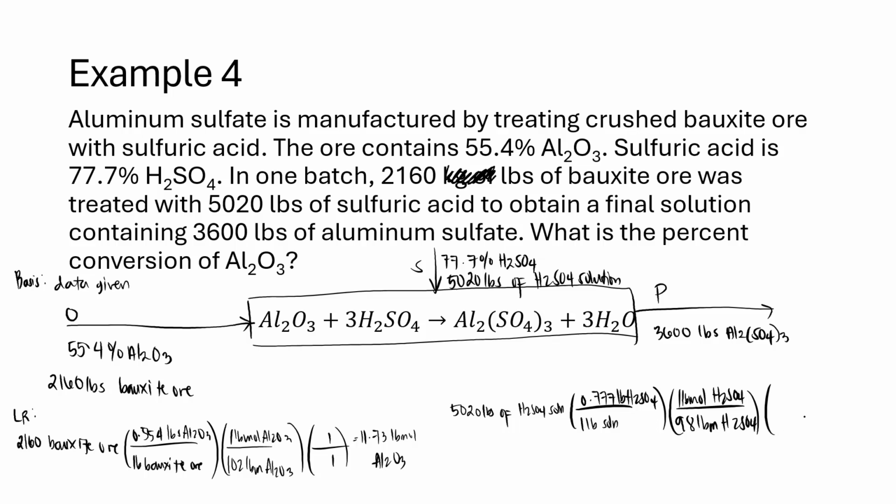And then relate that sa aluminum sulfate. 3 moles of sulfuric acid will give me 1 mole of aluminum sulfate, and that's 13.27 aluminum sulfate. So between the two, 11.73 pound mole is the lesser one. So that means the ore or the Al2O3 is the limiting reactant.